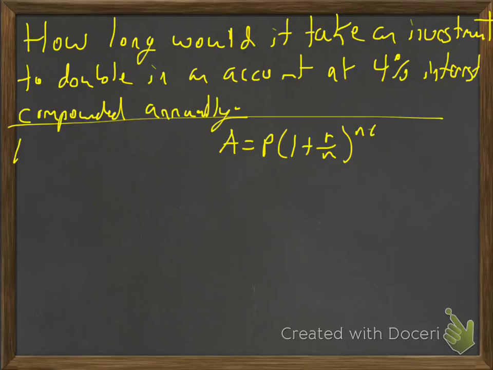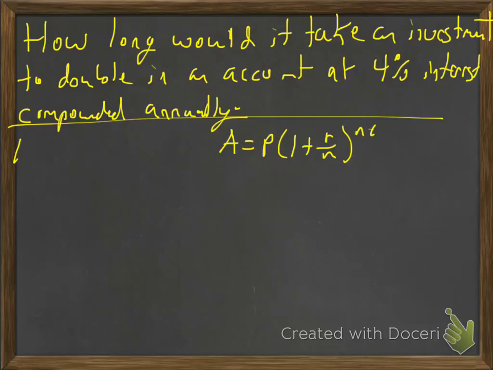Okay, so here's a common question. How long would it take an investment to double in an account which earns 4% interest compounded annually? And they don't even tell us what we're initially depositing, and in fact it doesn't matter.